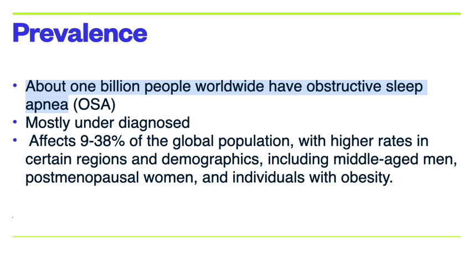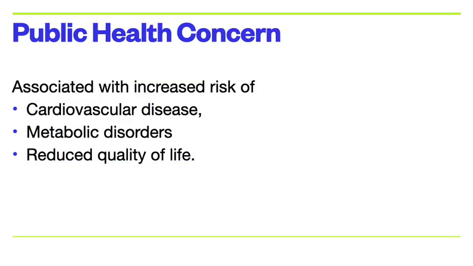We'll talk about the body mass index in another slide so we can see what your BMI is and how it affects your good night's sleep. I want to believe that this is a public health concern. 1 billion people, one over seven of the entire world, is having the associated risk of cardiovascular disease, metabolic disorders, and just a reduced quality of life.